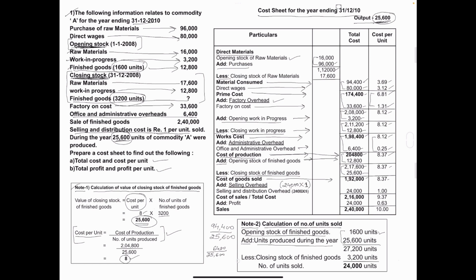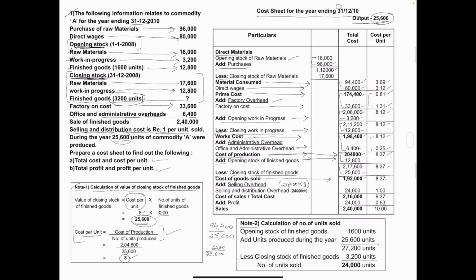Add these two, 1,600 plus 25,600, and the unit is 27,200. Now we have to less closing stock of finished goods, which they have mentioned here as 3,200 units.